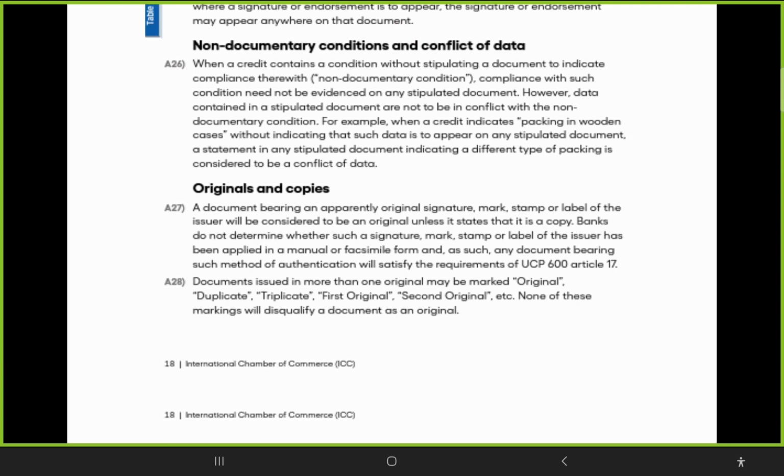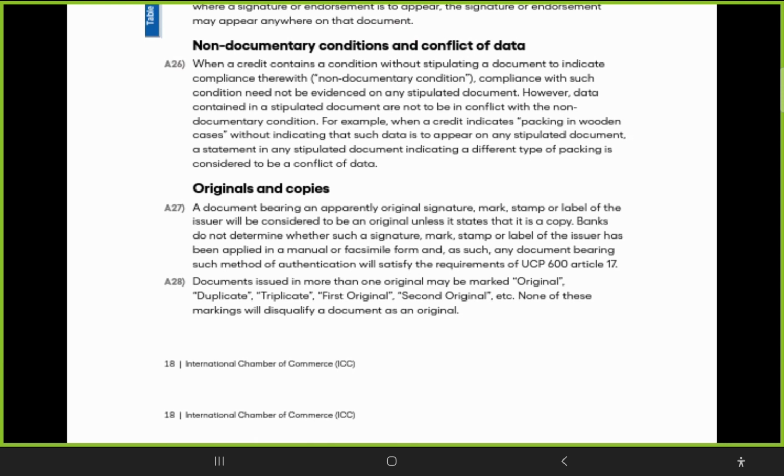So what you will consider as an original document: any document which has an original signature, mark, stamp, or label of the issuer will be straightaway considered as an original unless the document itself says that it is a copy. If a document has a signature and it is also calling itself a copy, then it will not be an original, even if it has an original signature. Now, banks do not determine whether such a signature, mark, stamp, or label of the issuer has been applied in a manual or email form.